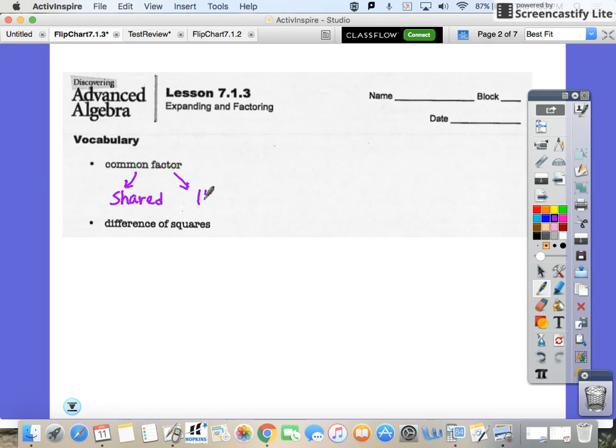And factors are numbers or things both or all terms are divisible by.